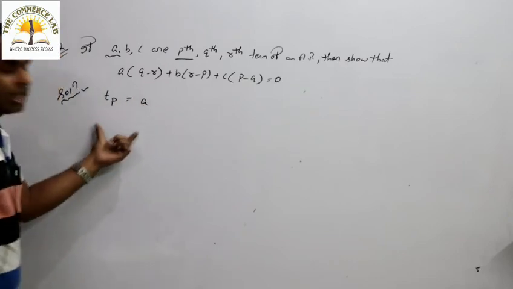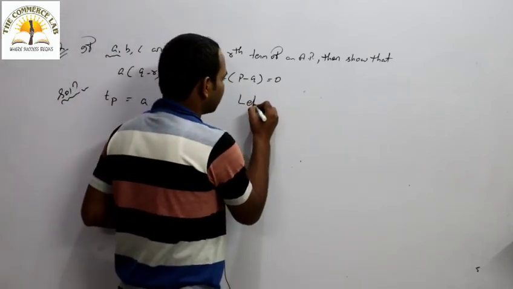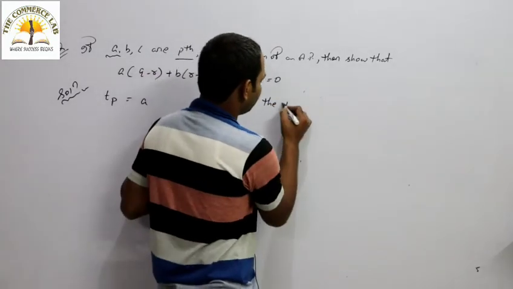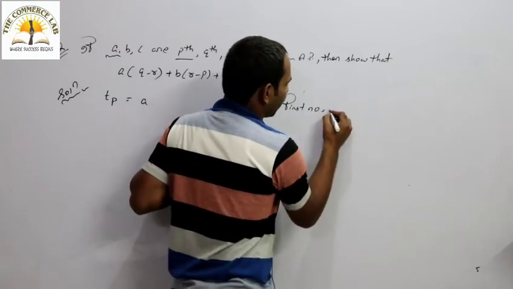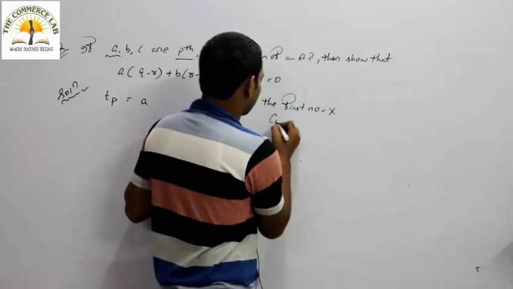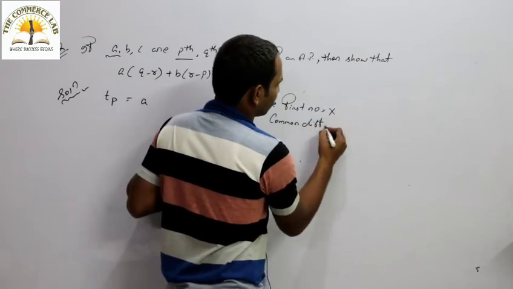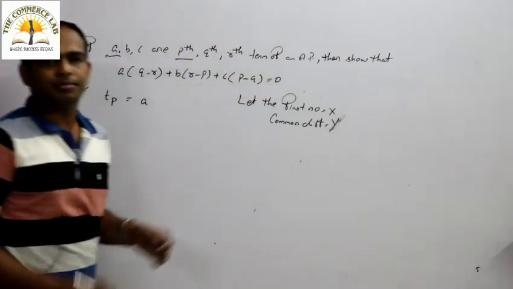So before proceeding to this one, we have to assume let the first number is your x and the common difference D is your y.